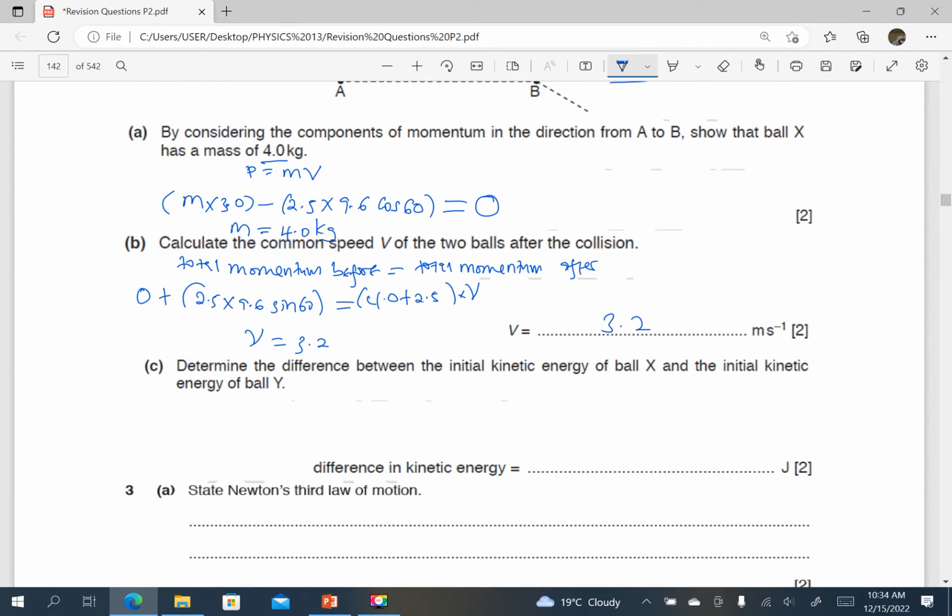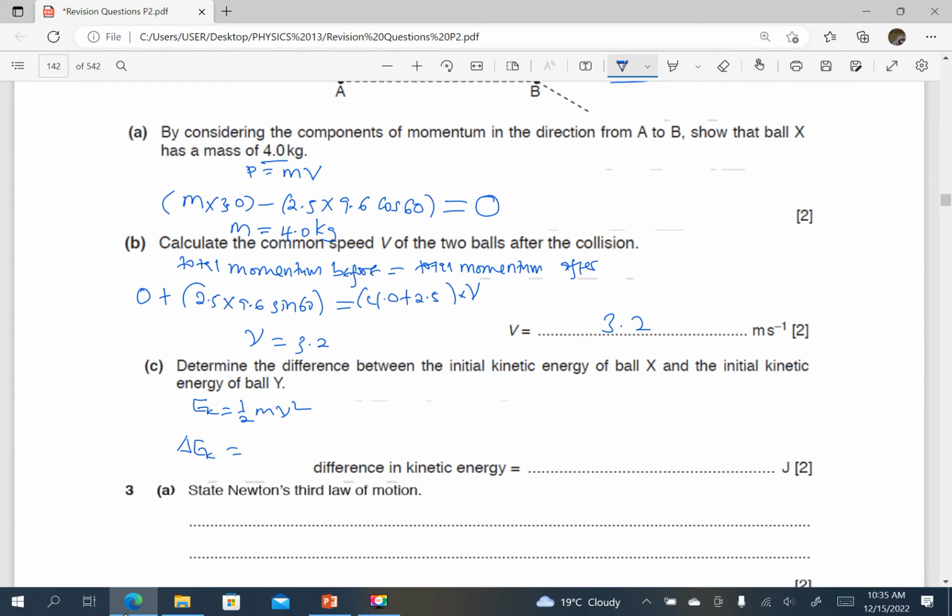Determine the difference between the initial kinetic energy of ball X and the initial kinetic energy of ball Y. Difference. Remember, kinetic energy is equal to a half mv squared. So let's find the difference in kinetic energy.